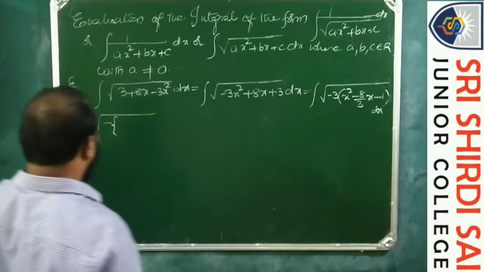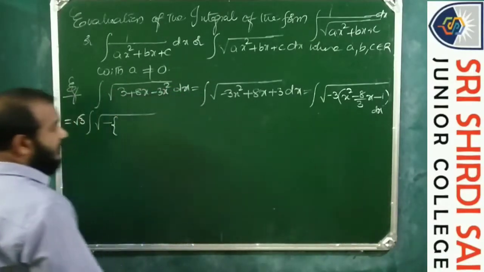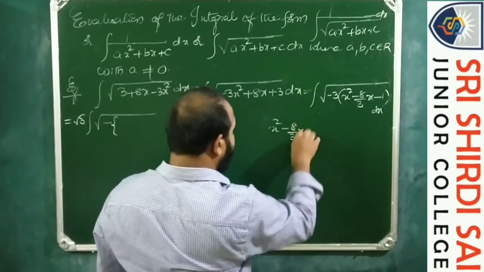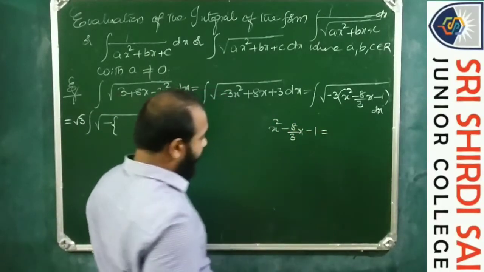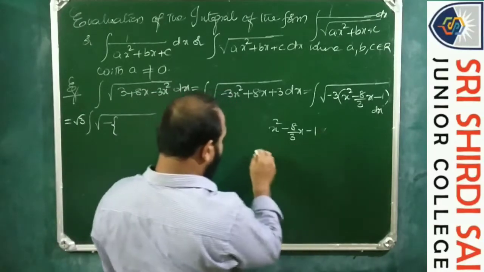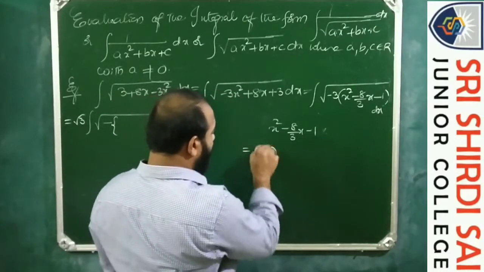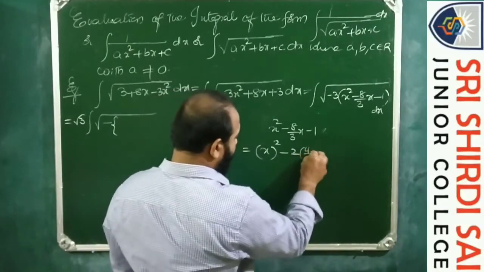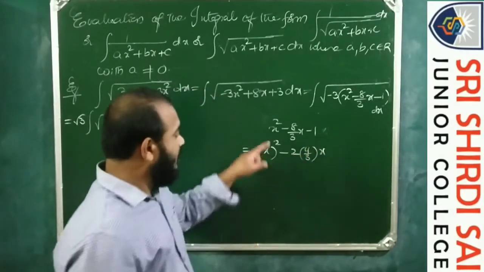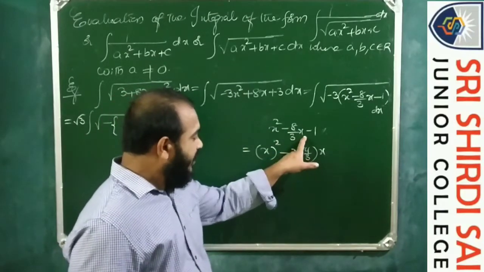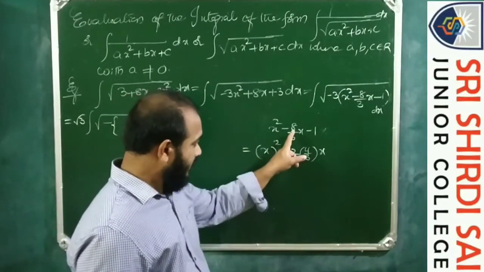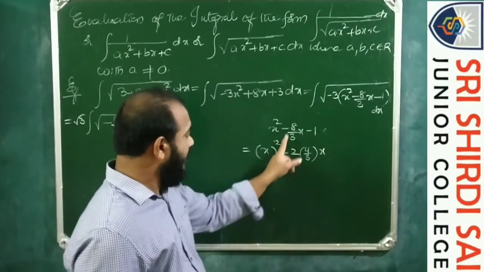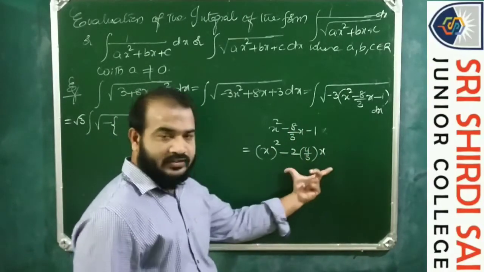So how? I am writing this as, see here, x square minus 8 by 3x minus 1 can be written as x whole square minus 2 into 4 by 3 into x. So 8 by 3x I have written as 2 into 4 by 3 into x, that is, 2 fours are 8, 8x by 3.